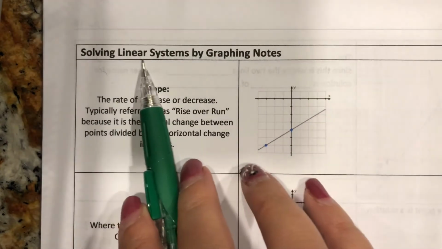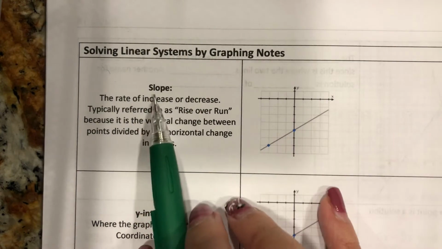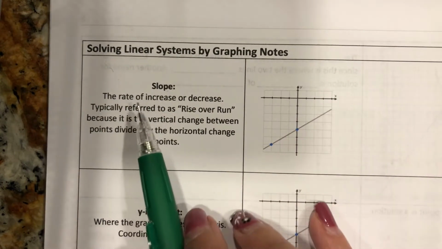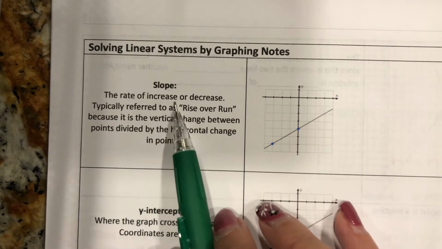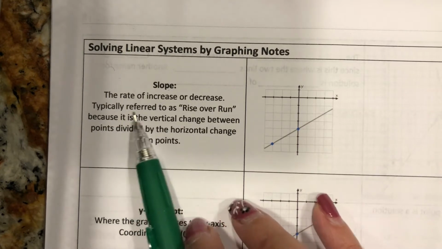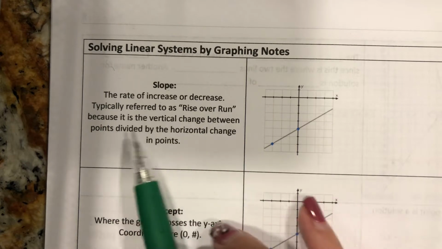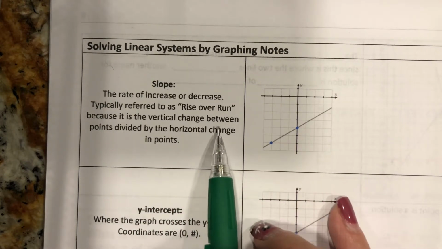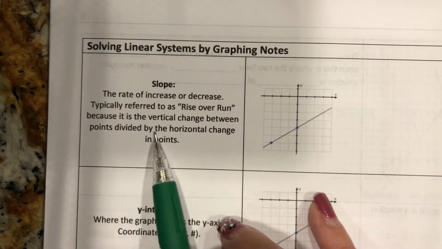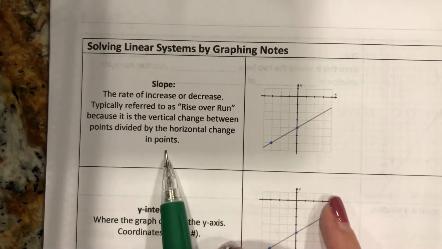So solving linear systems by graphing. So what is slope? We should all know this by now. You should know this. So the rate of increase or decrease, typically referred to as rise over run, because it is a vertical change between points divided by the horizontal change in points.